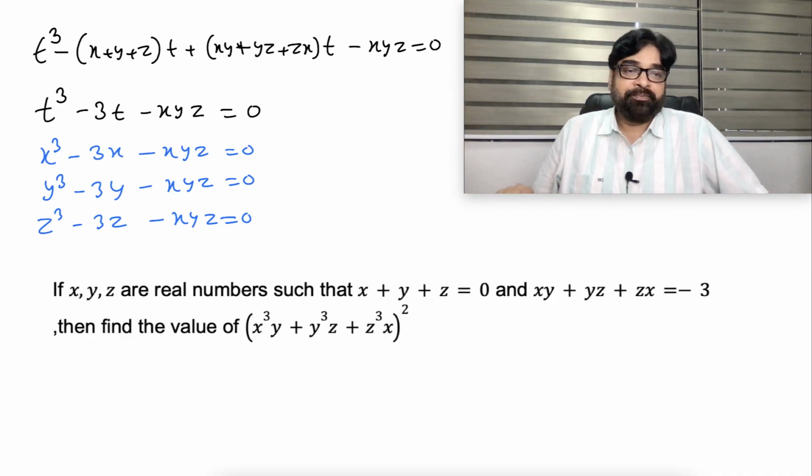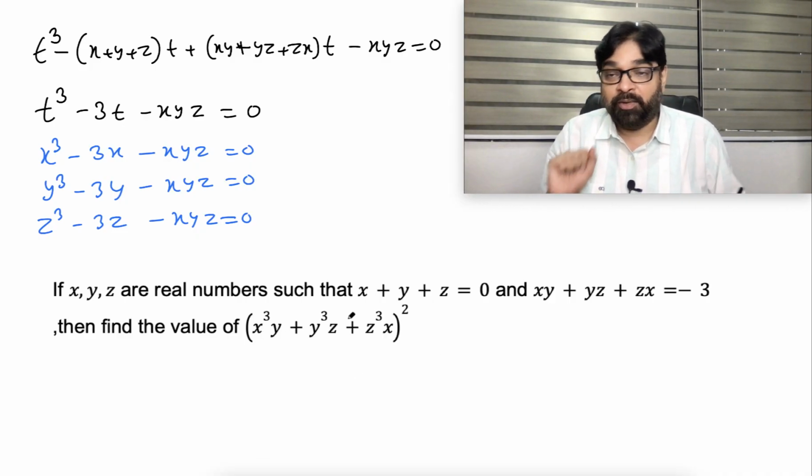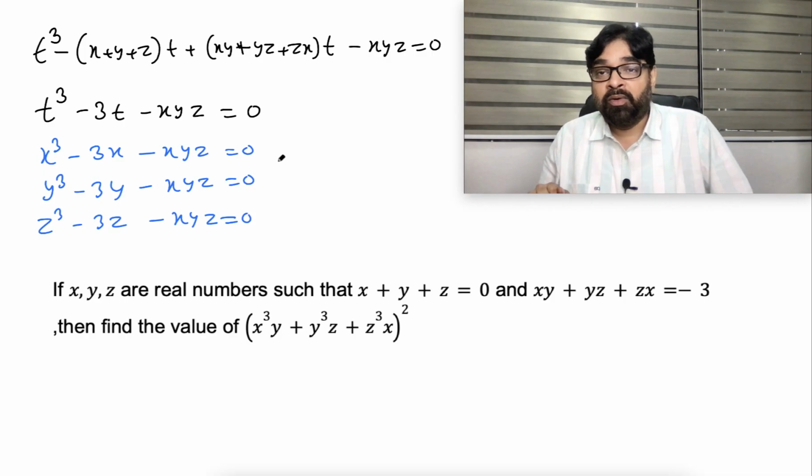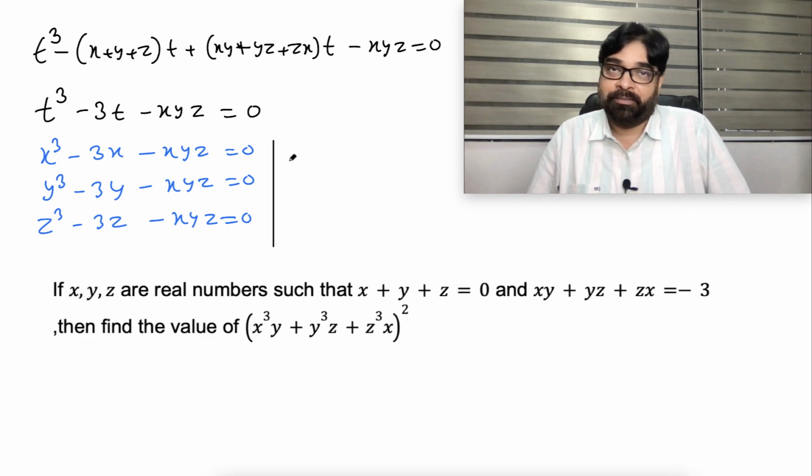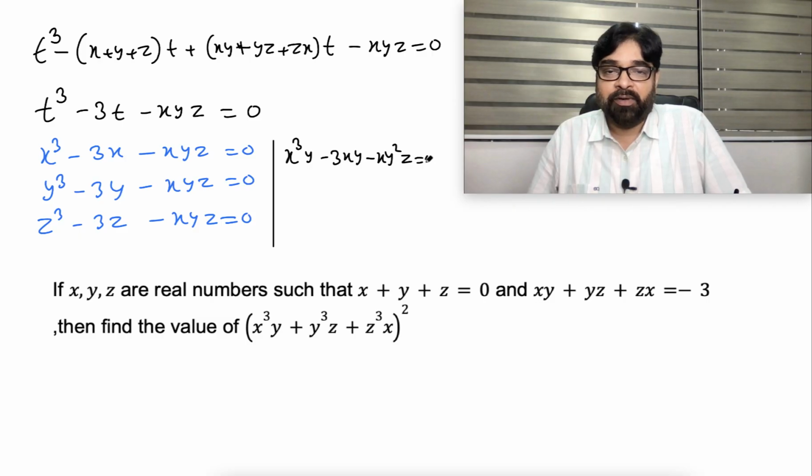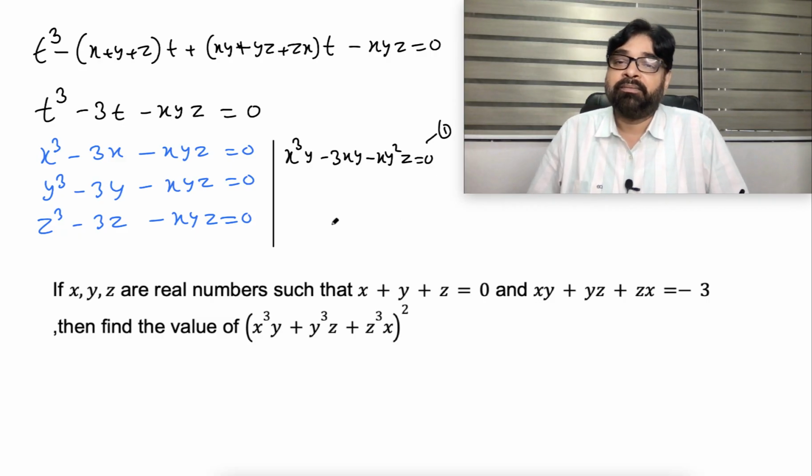Now imagine, what do I want? x cube into y. So now I can do some manipulation. I will multiply the first equation with y. What will we get? x cube y minus 3xy minus xy square z equal to 0. Let's call it equation 1.